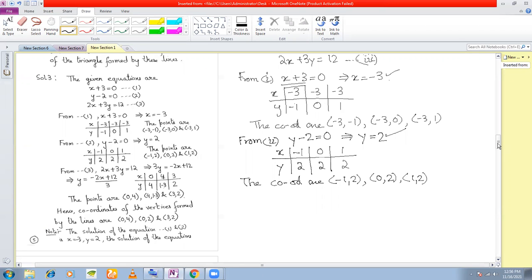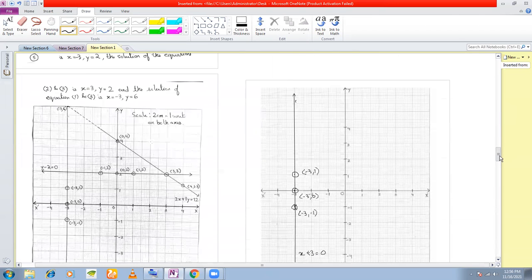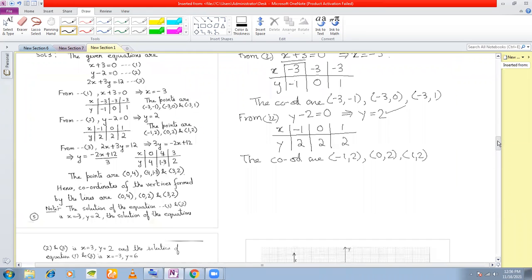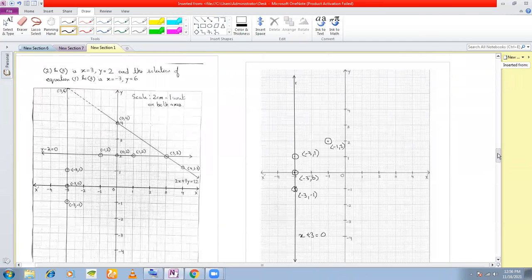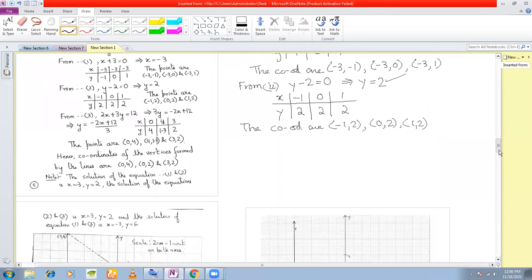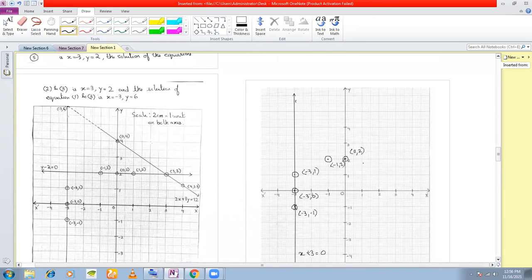Let's plot these points now on the graph sheet. (-1, 2) is here, right? Let's write -1, 2. Next coordinate is (0, 2). 0, 2 means x coordinate 0, that means it must lie on the y axis. So this point is (0, 2). (1, 2) is this point.